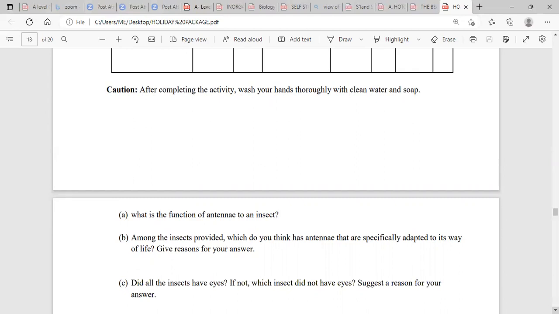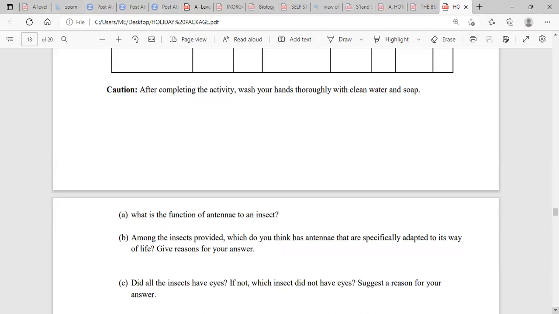Which insect has antennae with a specific adaptation to its way of life? In other words, it should be of great significance to such an insect in the kind of life it lives, and give a reason.